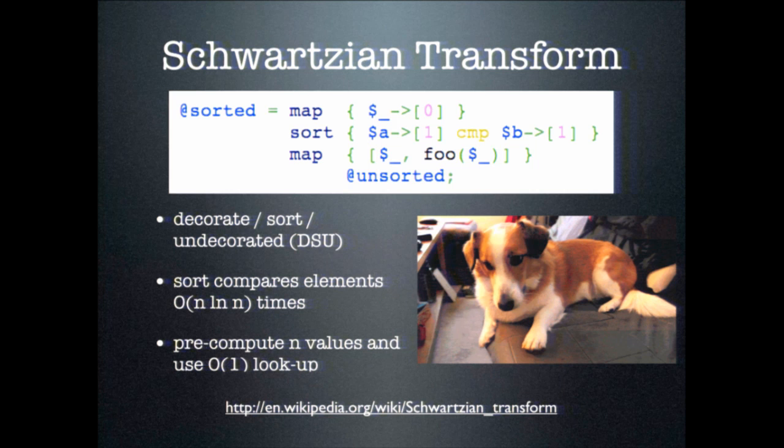So what we do here is we run that computation exactly n times, once for each element. Then we do some order 1 lookups to pull it out of an array and do the comparisons. And then we unmap it to remove that decoration. Now that is useful if calling foo is more expensive than the base setup time of building and tearing down this array.